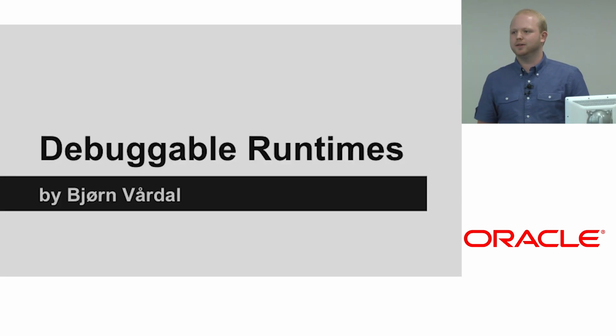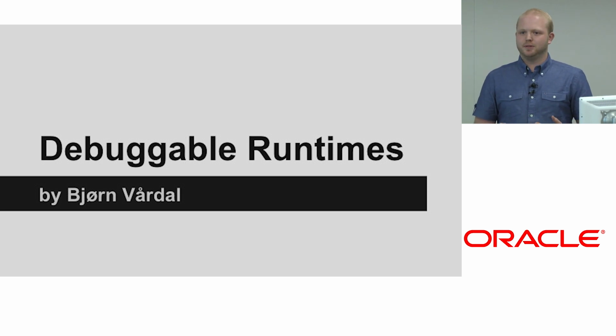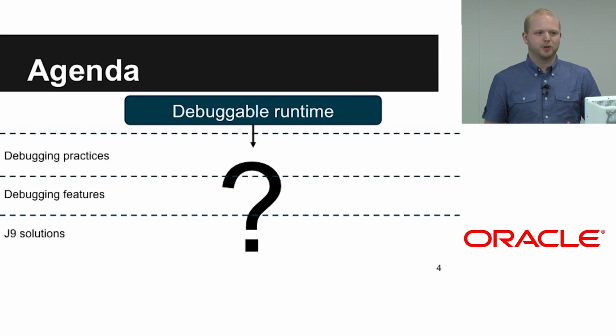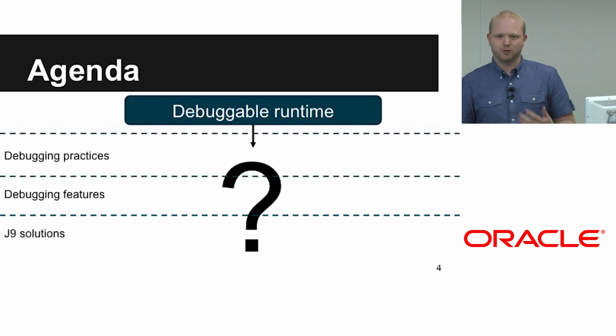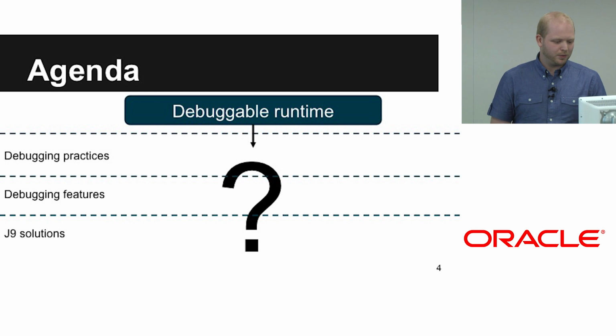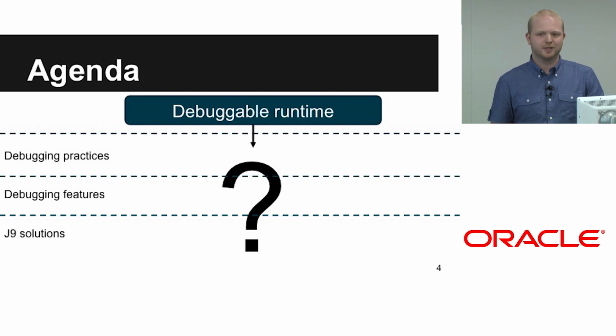I find it very useful when I develop to be able to effectively debug my runtime. Say I'm implementing a prototype and it didn't go as I expected. Instead of digging through my code again, I can actually use the debugging features that are already in the JVM to figure out what I did wrong. Of course, there are also defects. They come in all the time.